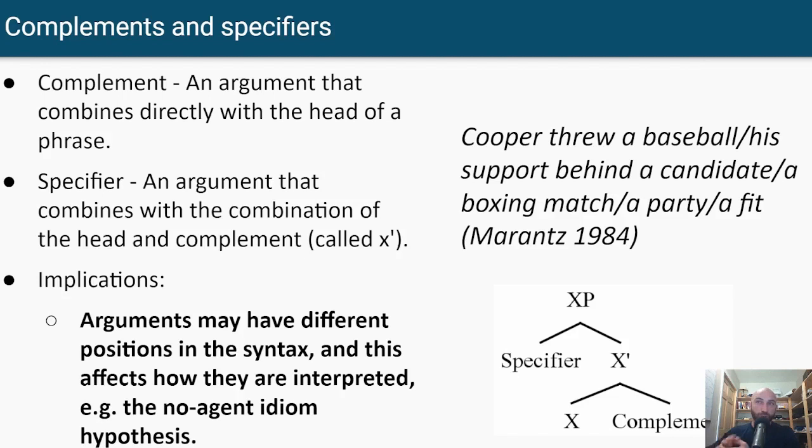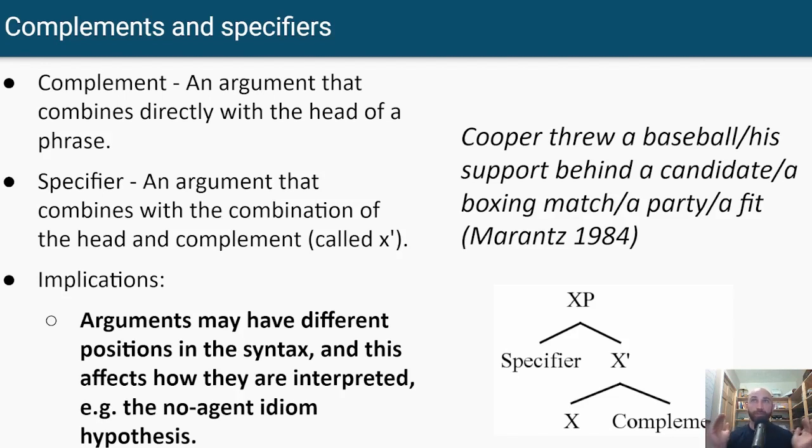So the idea is that those two things combine first, and then the specifier of that phrase is another argument. It is required, but it combines with both the verb and the complement of the verb. So first we would say, in the sentence Cooper threw a baseball, threw a baseball is one unit. And then that whole unit combines with Cooper.